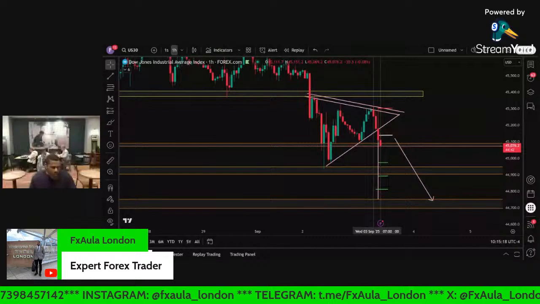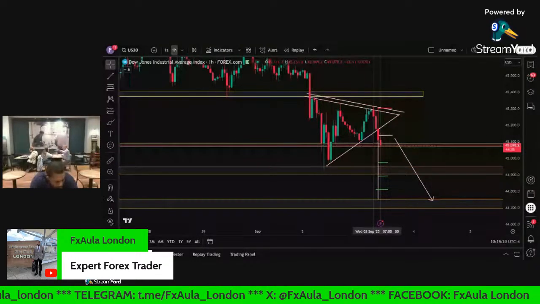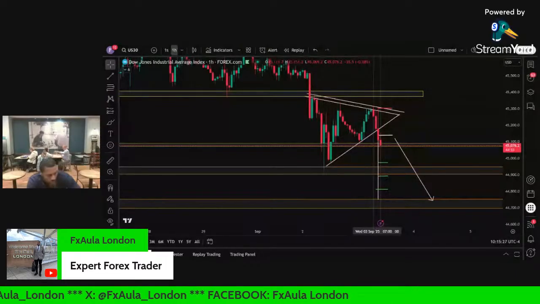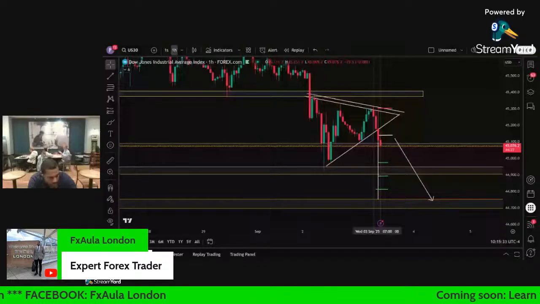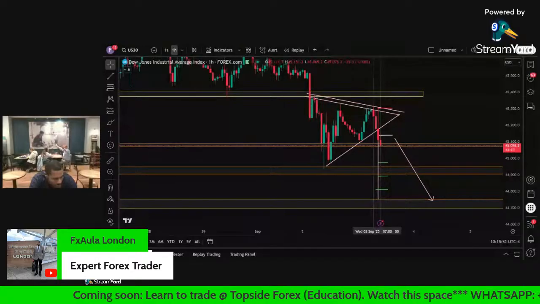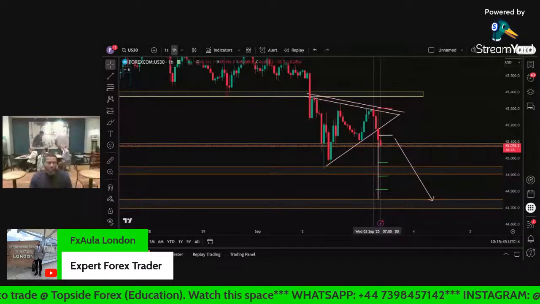So far it's going in our direction, although it still hasn't broken the support and resistance zone. That zone seems to be very, very strong. All we can do is watch.